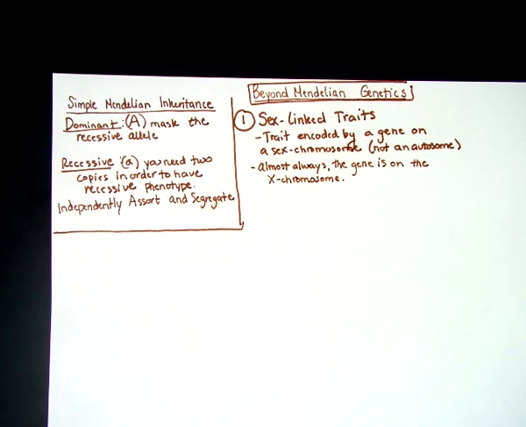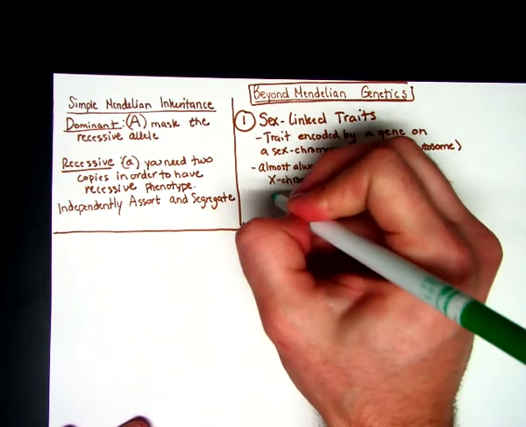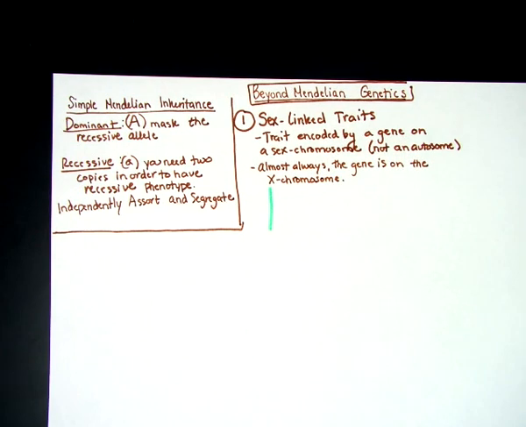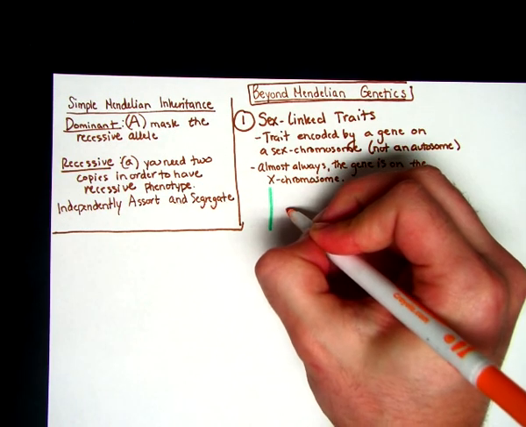And there's a couple reasons for that. Probably the most practical reason is that the X chromosome, if this is our X chromosome, is much bigger than the Y chromosome. So in comparison, it looks kind of like this.